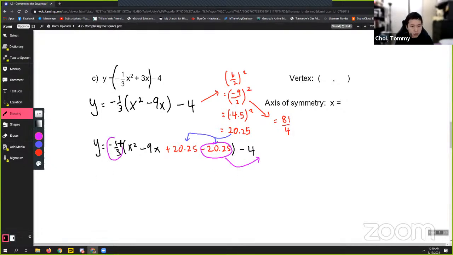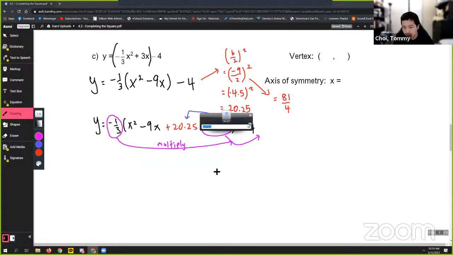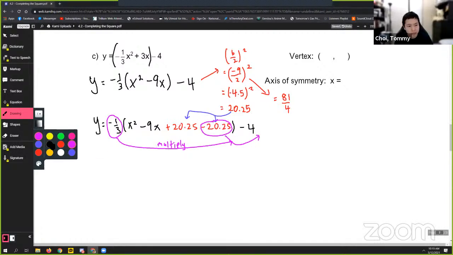But to do so, we need to multiply our common factor. So what we do here is we multiply -1/3 times -20.25, which is just dividing it by 3. And I get 6.75.